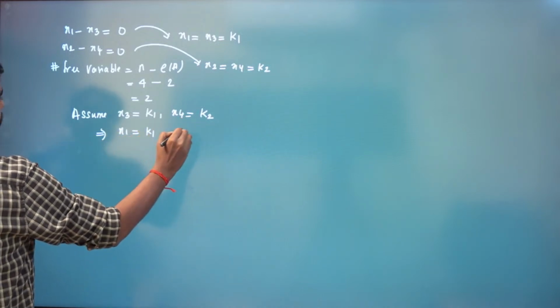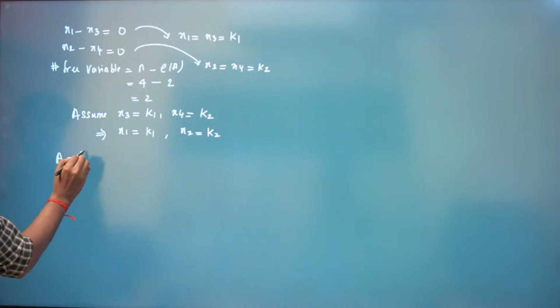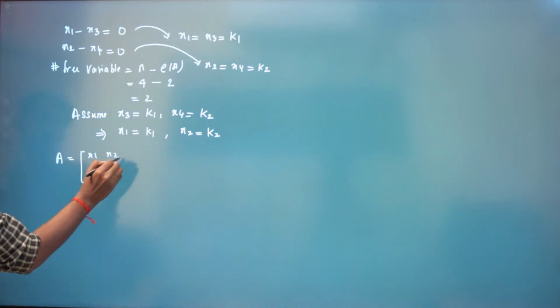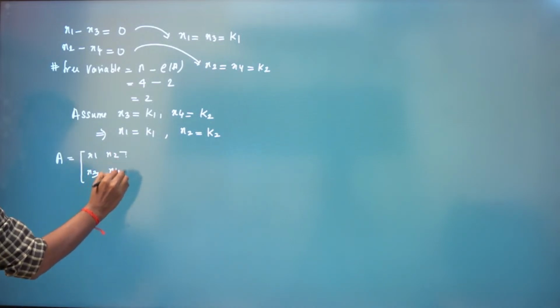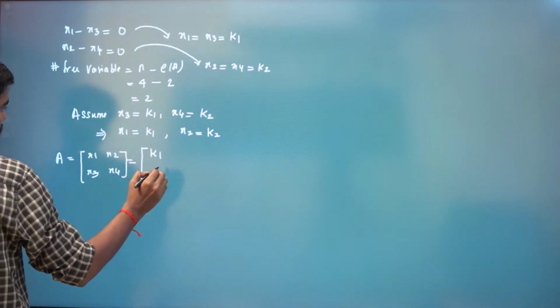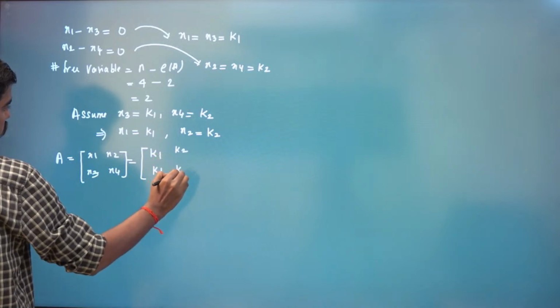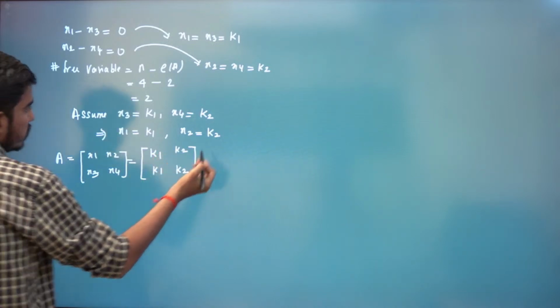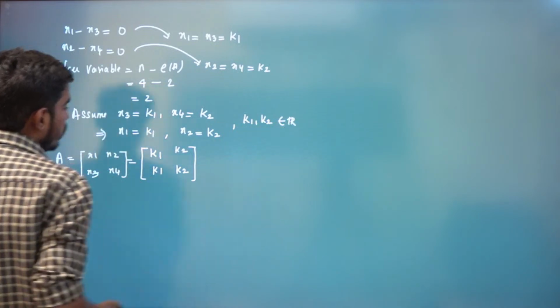If x4 is k2, x2 is same as x4, so x2 is also k2. So therefore, all those matrices A which map to null space of T are of the form: x1 is k1, x3 is k1, x2 is k2, and x4 is k2. These k1, k2 belong to any real number.